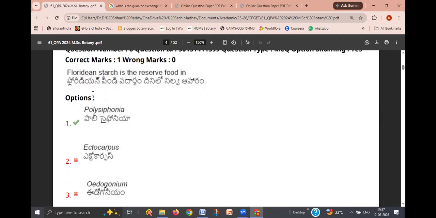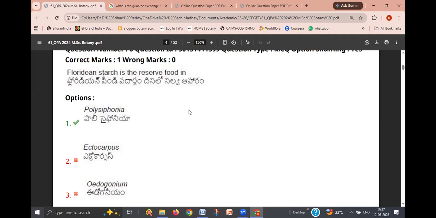Next question is, Floridean starch is the reserve food in. Where do we find Floridean starch? Actually, the same question was asked in the 2025 question paper also. Floridean starch, what is the reserve food form? In which form is it stored? Floridean starch in Polysiphonia, in the Rhodophyceae.